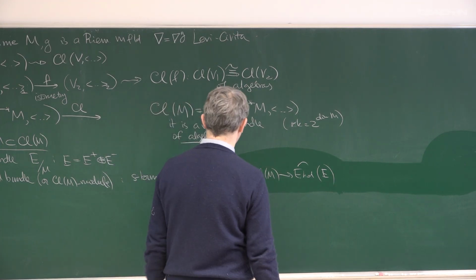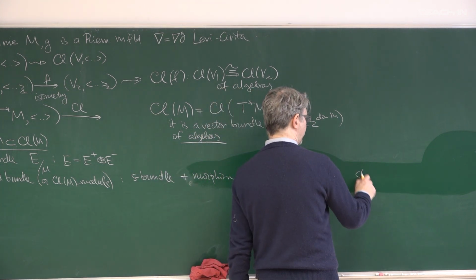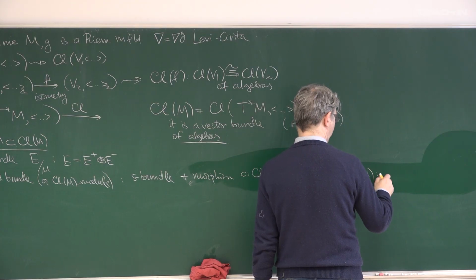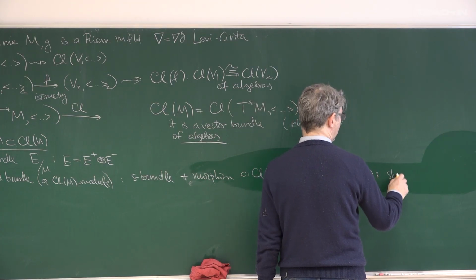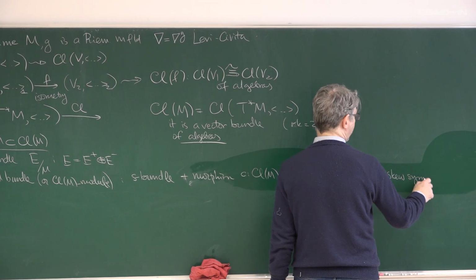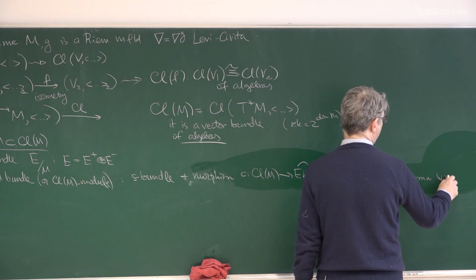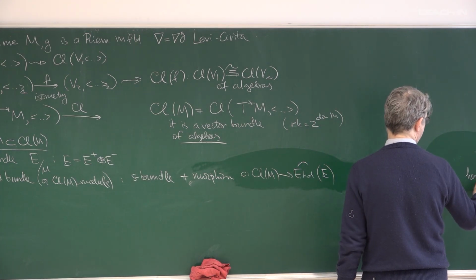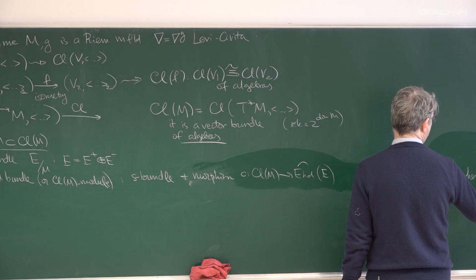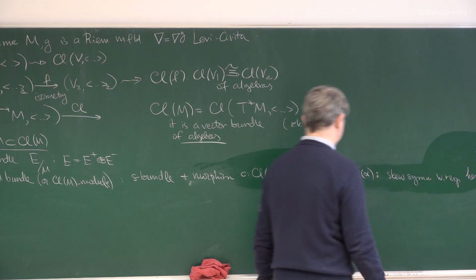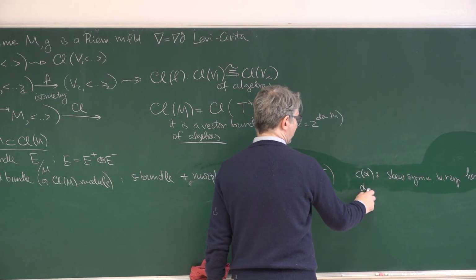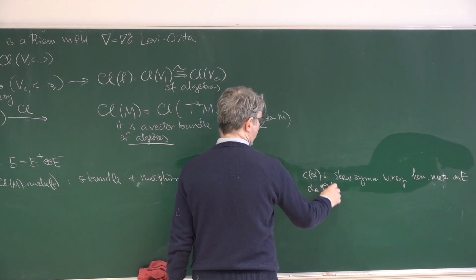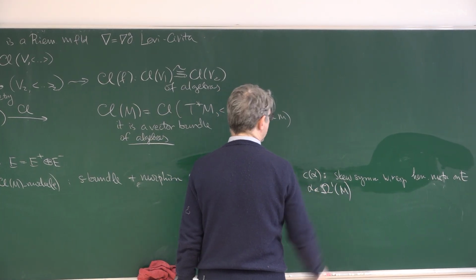What is important here is that c(alpha), which acts on E, is skew-symmetric with respect to the Hermitian structure, where alpha is a section of the cotangent bundle.